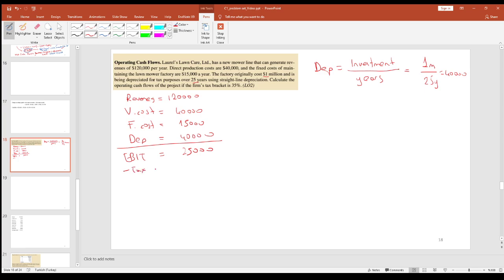Less taxes, 35% of 25,000, which equals 8,750.